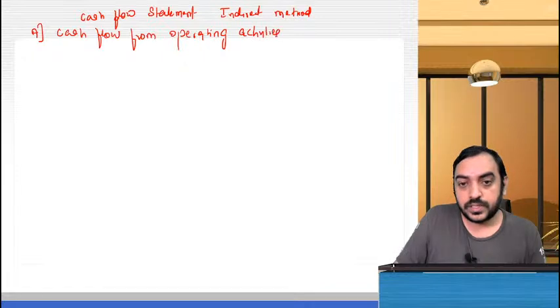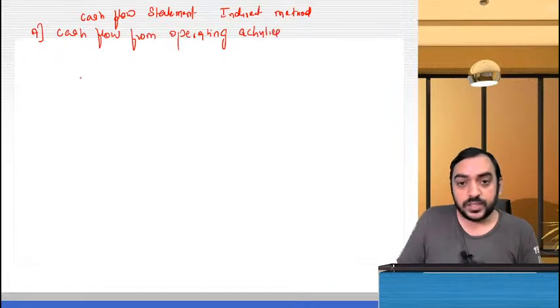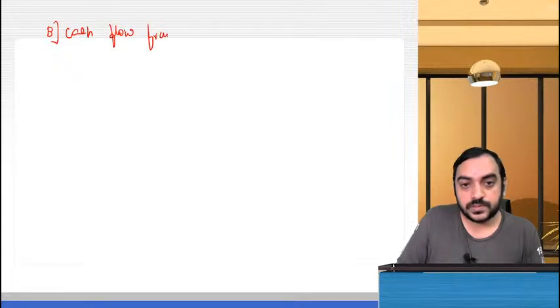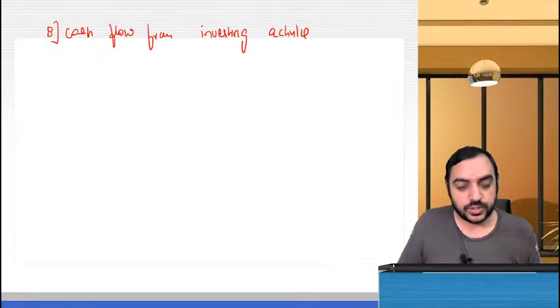I don't know whether space will be sufficient. Anyway, I'll go to the next page and write it. Then cash flow from investing activities. I don't require too much space for investing, 3-4 lines is fine.